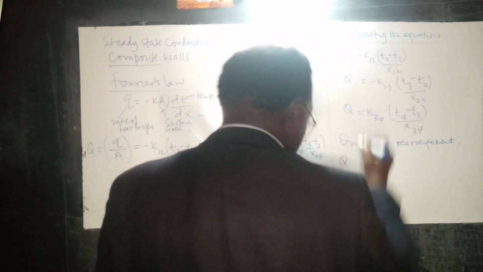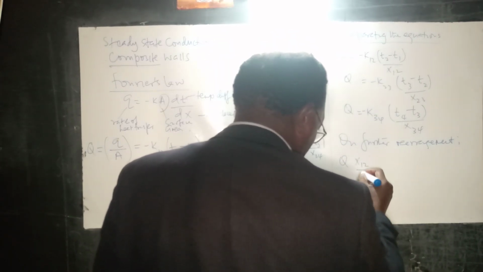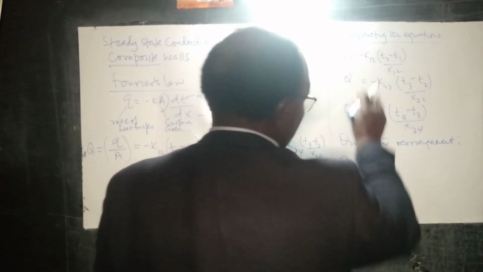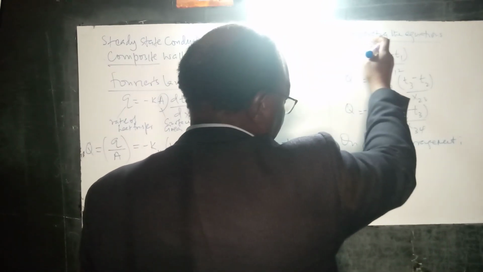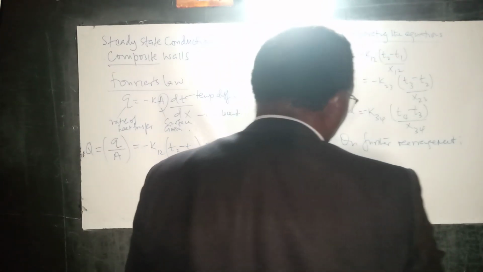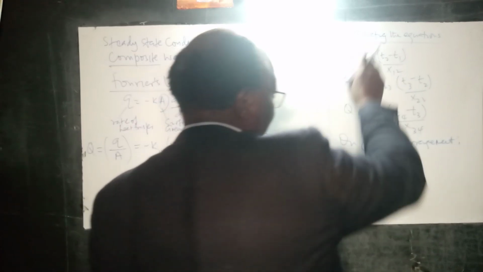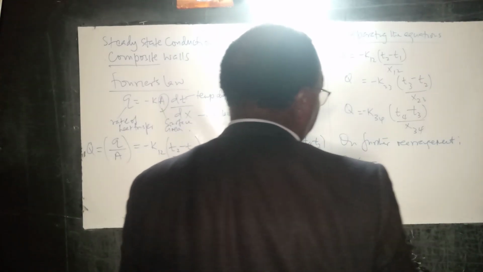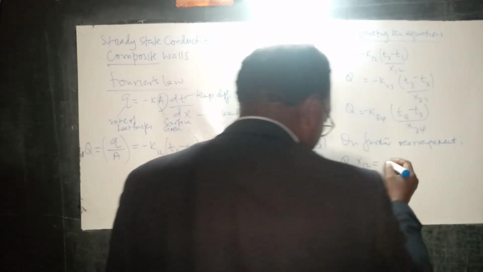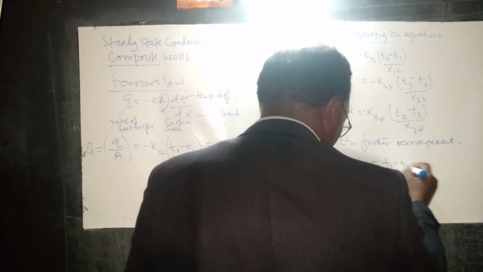So we have X12 over K12. If you take the K12, the coefficient there, and that displacement to the right hand side, we are left with T1 minus T2.